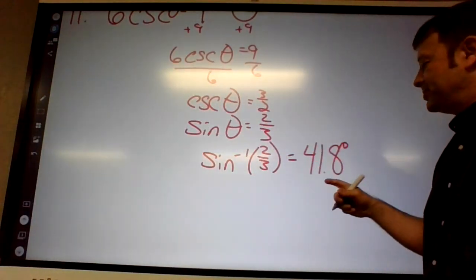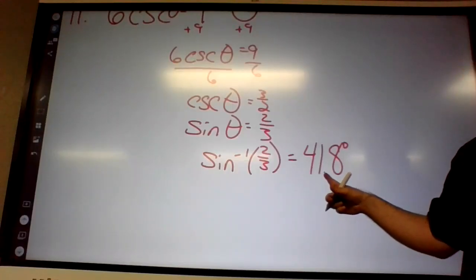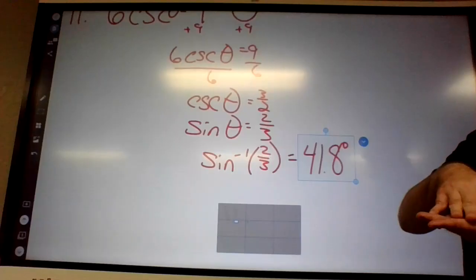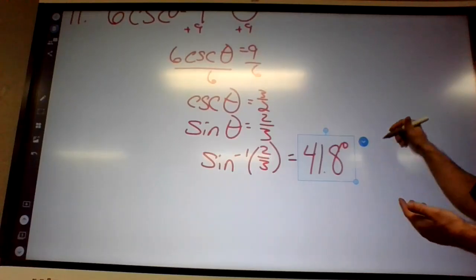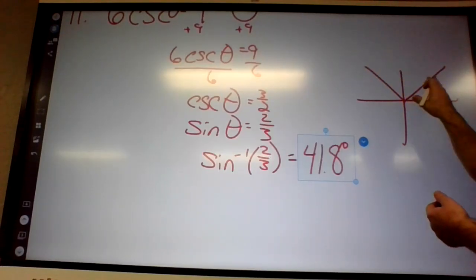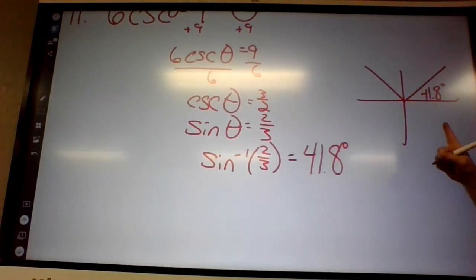Okay, this is one of the easier ones because that is a first quadrant angle and it's also a reference angle because it tells you how far you are from the x-axis. You guys follow that? So in the picture, remember how you said it's these two quadrants, right? So 41.8 is a first quadrant angle. That's one of our answers.